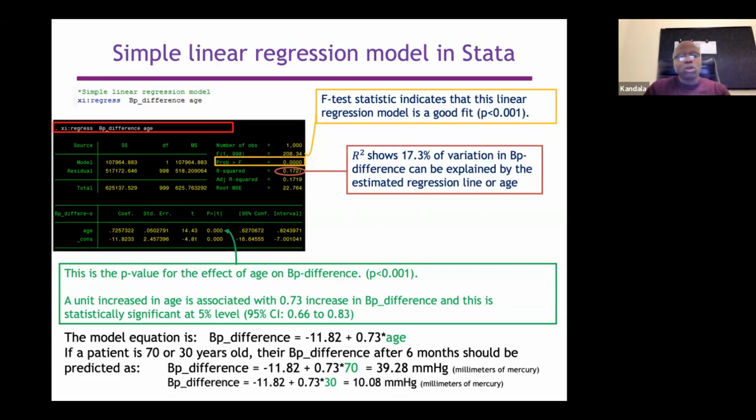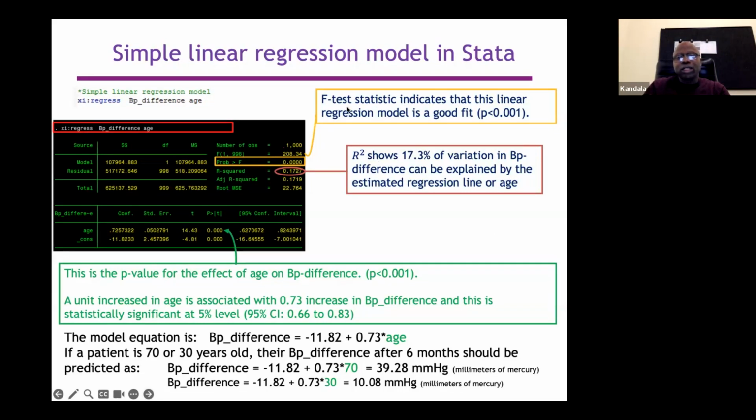So in another word, 17% of the variation we see in the BP difference can be explained by the age of the individual. So this is the explanation for the R squared here.